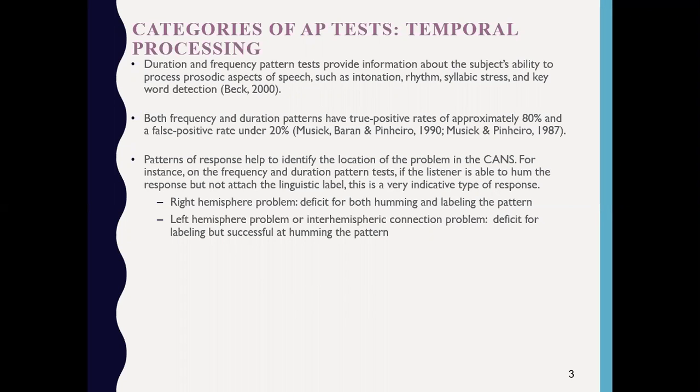So your duration pattern is at 9 years old or older, and your pitch pattern is for younger children. So if you are going to test a 7 or 8 year old, you would want to start with pitch pattern. And then if you have a child older than 9, you could certainly do pitch pattern, but I usually start with duration pattern. And if they have difficulty, you go down to pitch pattern.